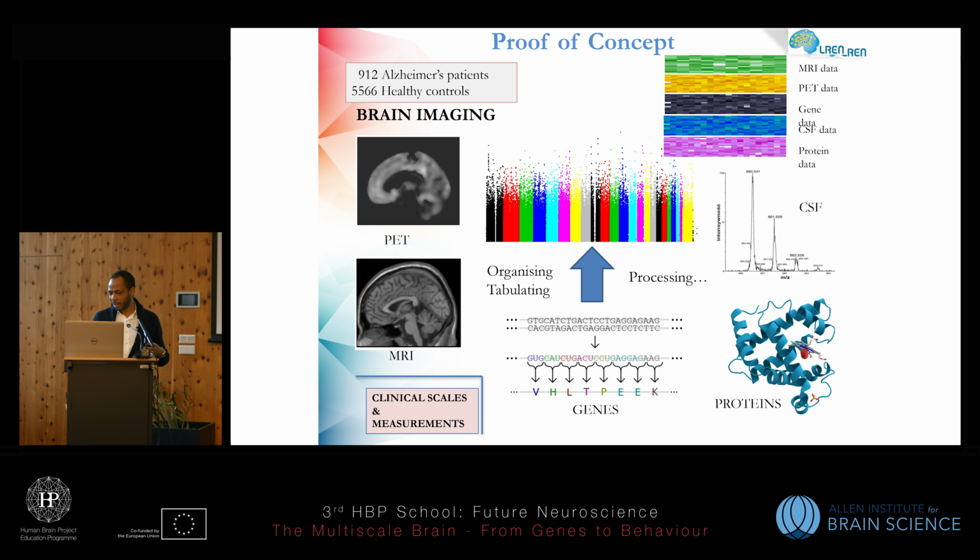This is something that a statistician usually would not do, putting everything together. But here we try to test this hypothesis as a proof of concept, to say we can put all this information together and achieve something in terms of understanding brain disease.